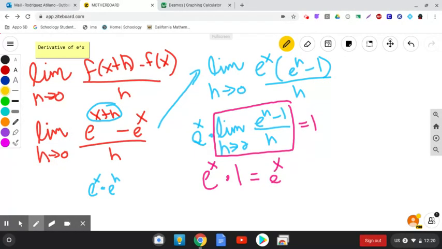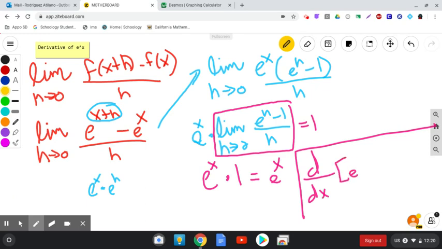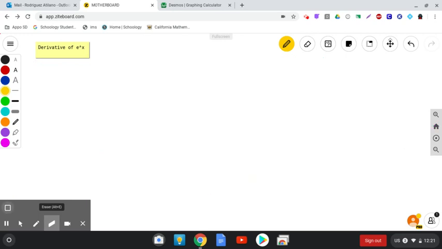Meaning that the derivative of e to the x is just e to the x. Huh. Okay, so I'm going to keep that in mind and go through a couple problems with you so you can see how this works.